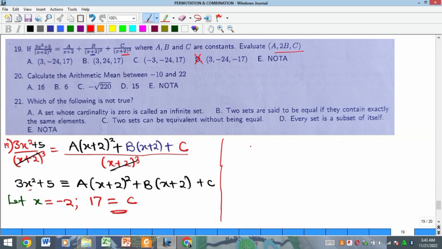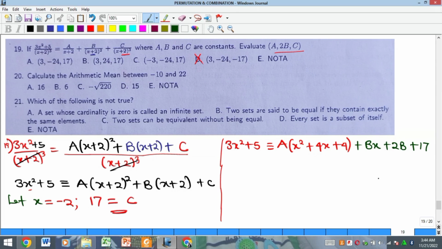So, okay, one of the things we can also do here is just to expand now and then substitute c. So if we expand this now, we're going to have 3x squared plus 5 is equivalent to a into the bracket. If you expand (x plus 2) squared, you will have x squared plus 4x plus 4, and that is for the first one. Then you now have bx, that's opening the bracket, plus 2b plus c, which you have gotten now to be 17.